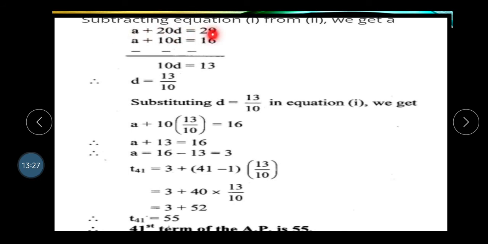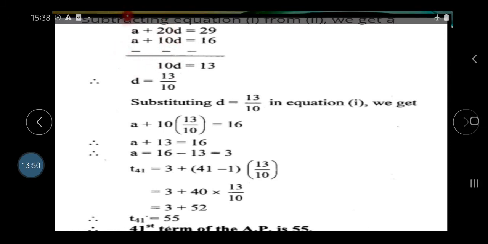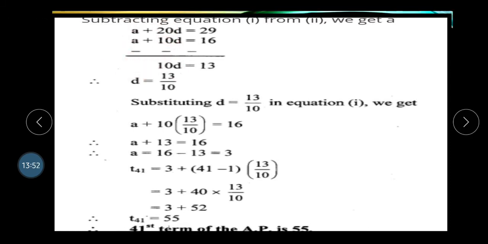Now subtracting equation 1 from 2, we get A plus 20D equals 29, A plus 10D equals 16. As we are subtracting, we have changed the sign. 29 minus 16 is 13. 20D minus 10D we are getting 10D, and A will cancel.